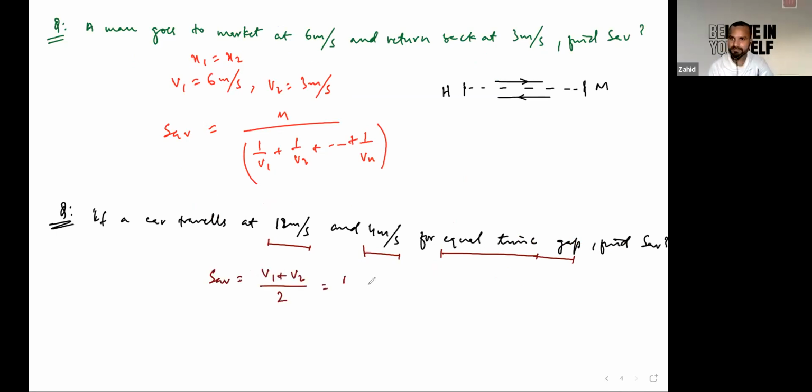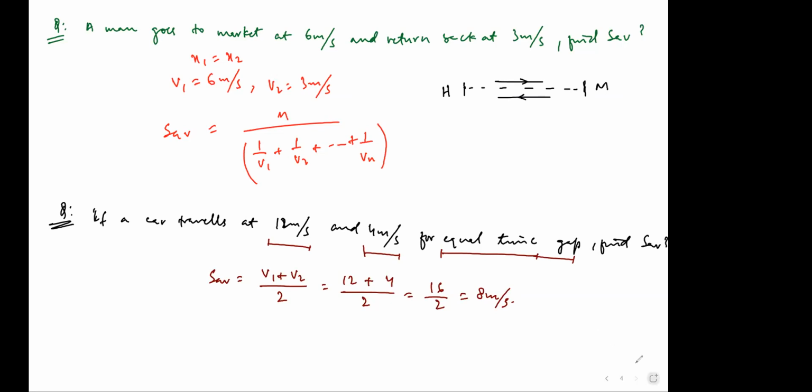V1 is 12. Yes, Sabita, you're right. 12 plus 4 is 16, divided by 2 is 8 meter per second. Is it clear, Yusra? Yes, sir.